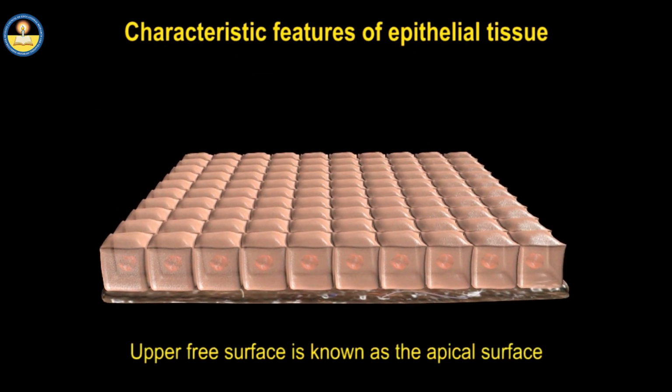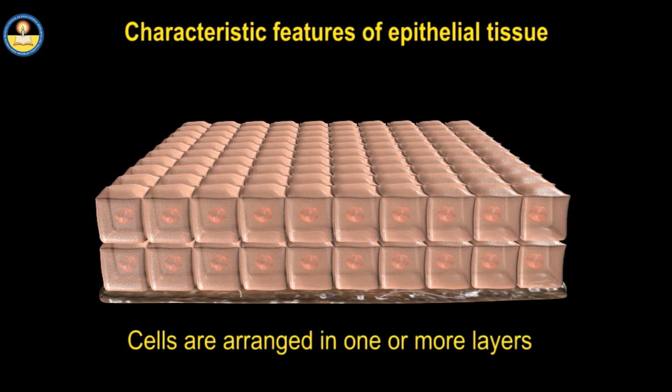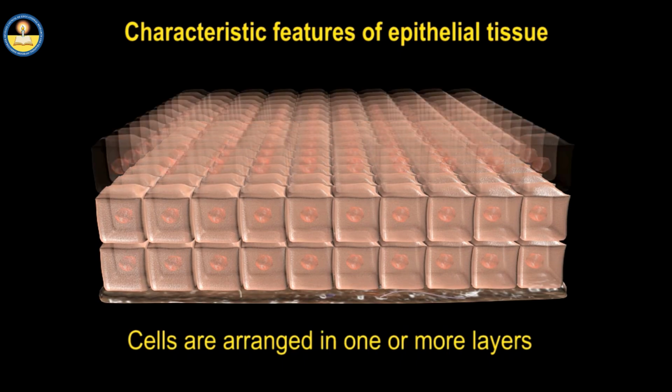The edge of the epithelial tissue that faces the lumen or the outside is called the apical surface. The cells of epithelial tissue are arranged in one or more layers.